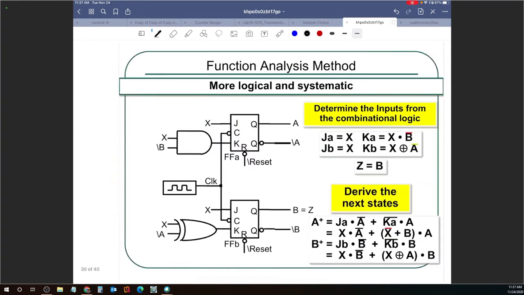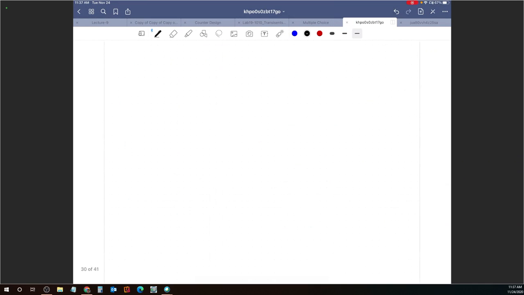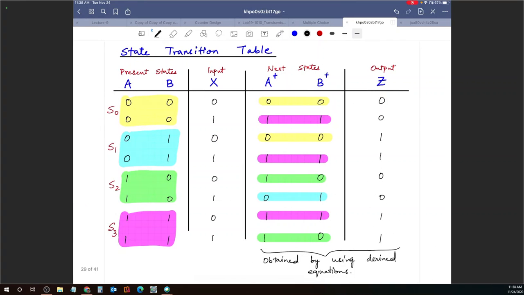So let us do it over here. Let's do it over there. So the first question you would ask is, how many states did we have? And clearly we had 4 states, S0, S1, S2, S3. So right there you would say, I need to draw 4 circles.